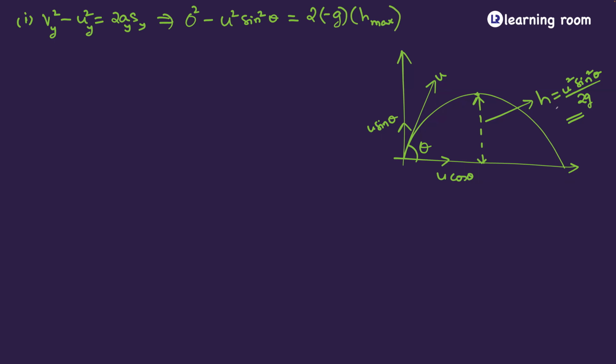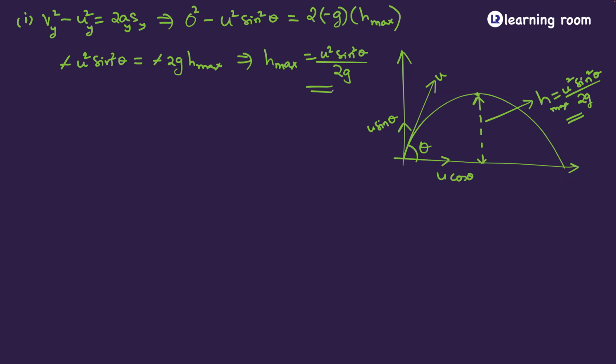So minus u square sin square theta is equal to minus 2g into h max. Minus and minus will get cancelled. So h max is equal to u square sin square theta the whole divided by 2g.